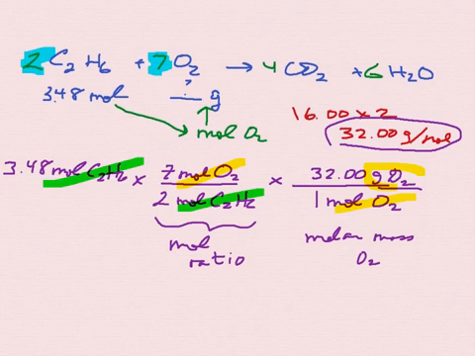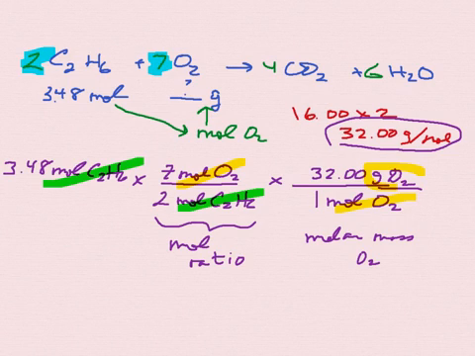Now, in terms of the calculator usage, pick it up, plug it in. You're going to get 3.48 times 7, divide by 2, times 32, and then divide by 1. So calculator-wise, you're going to get 389.76. That's the calculator answer.